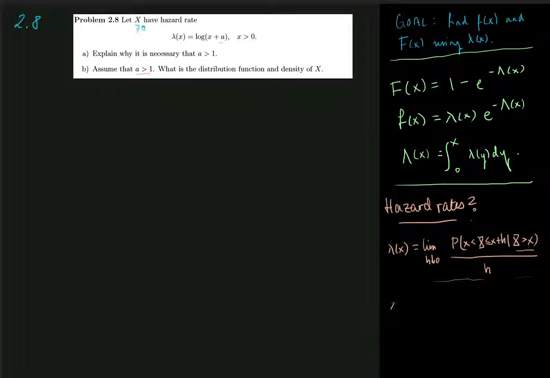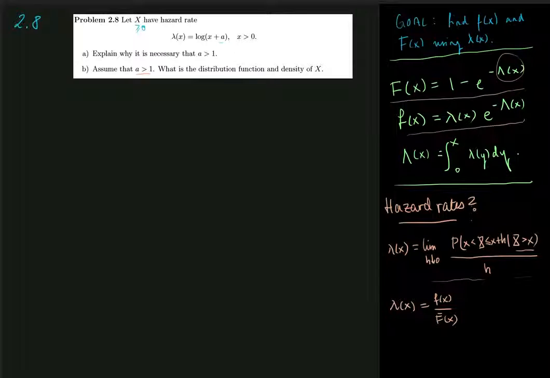So let us look at the different relations between the hazard rate and the density and distribution functions. What we see in the book on the bottom of page 19 is that the hazard rate can be expressed in terms of the density divided by the survival function. Alternatively, the distribution function can be expressed in terms of the integrated hazard rate. And also the density can be expressed in terms of the hazard rate.